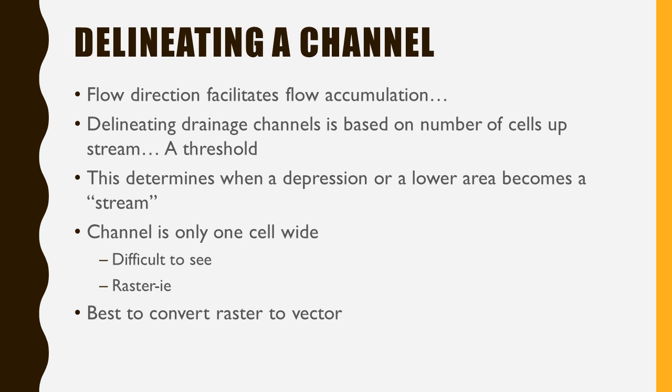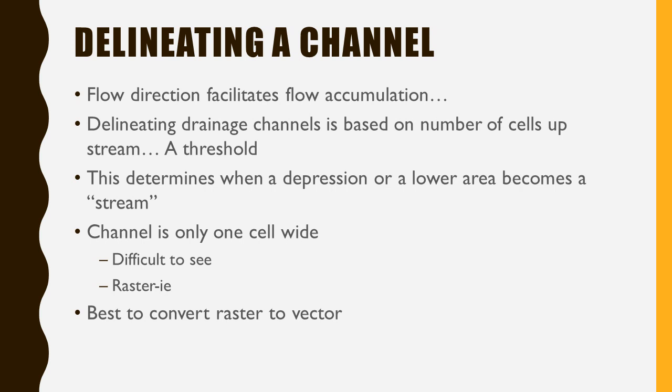How do we determine where channels are at? Flow direction facilitates flow accumulation. Once you know the direction, it's simply adding up how many cells are upstream in my network. Delineating drainage channels is based on the number of cells that have to accumulate before you consider something a stream. In other words, you identify a value threshold of accumulation that then indicates a stream channel.